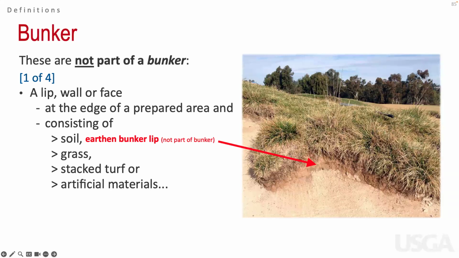And one place that would come in handy, it's pretty specific, but it was a couple of years ago at the PGA. Tiger had an embedded ball in the lip of the bunker. So he was able to take relief, because normally if you're in the bunker, you're not going to get embedded ball relief. You'd have to take an unplayable. So that's why it is important to know whether your ball is in the bunker or not in the bunker.